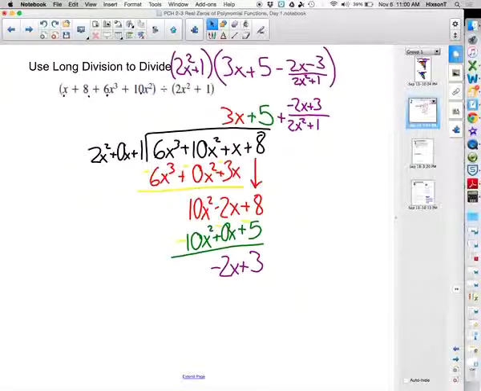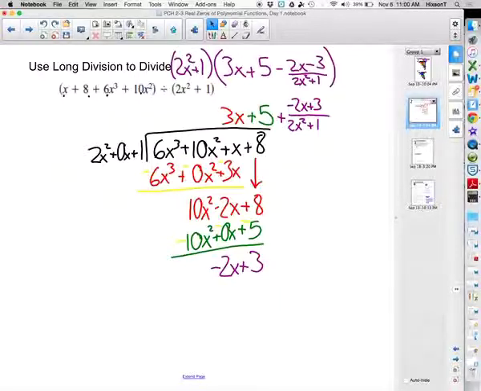Okay, so when we're dividing by some kind of a polynomial that has a degree bigger than 1, we're going to have to use polynomial long division.